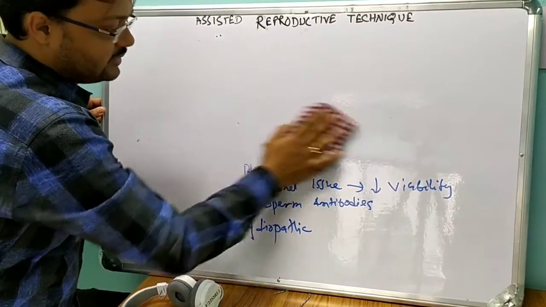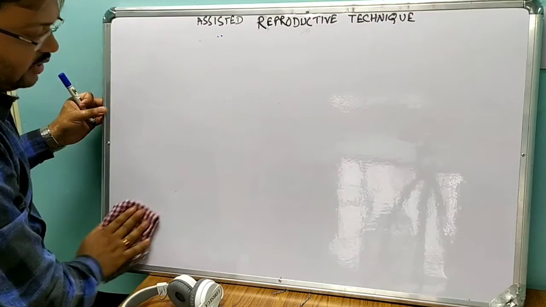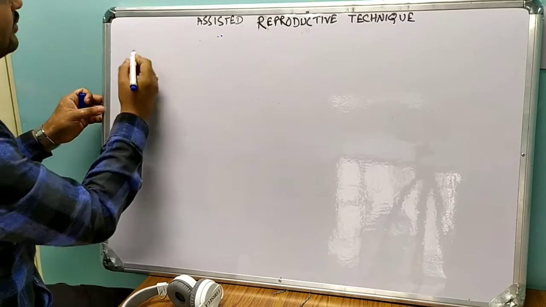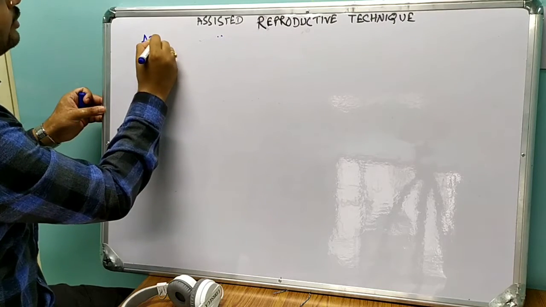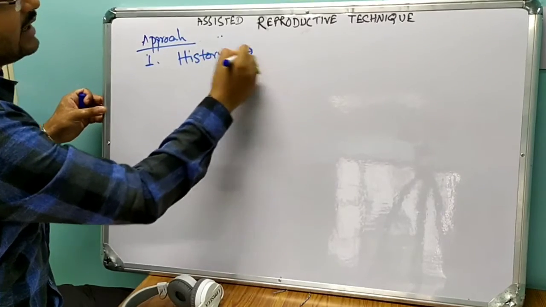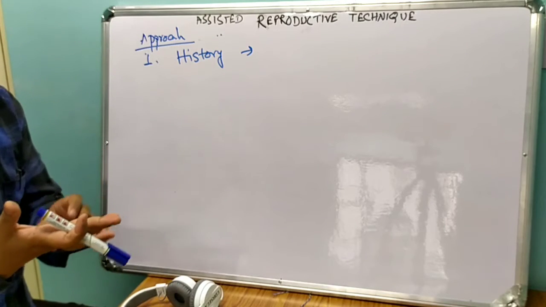So the approach should be, first, you have to take a proper history. All kinds of disease management should start with a proper history. So approach number one, take history. So what is the history? First of all, just remember what I have already told. You require a 60 hours window.